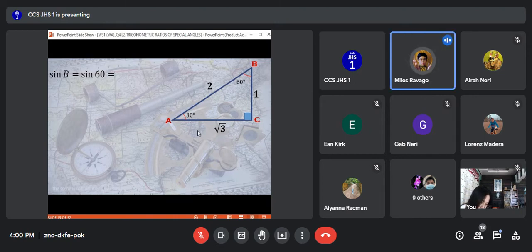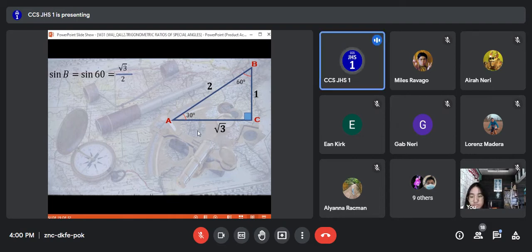Square root of 3 over 2, sir. Okay, that's correct. Next, what is cosine 60? 1/2. Okay, correct. Tangent 60.